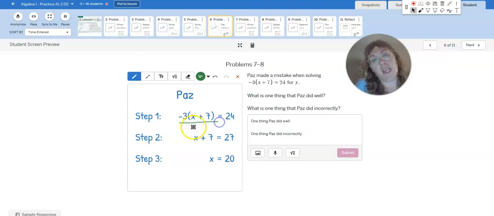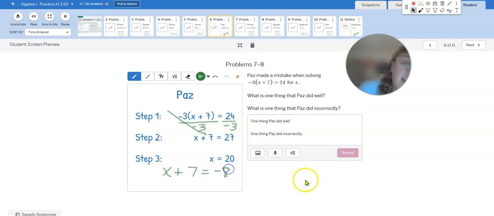But since it's multiplication, you want to divide both sides by negative 3. That would cancel out. We would be left with x plus 7. 24 divided by negative 3 is negative 8. So it would be x plus 7 equals negative 8. So Paz knew to move the negative 3, but used the wrong operation in moving that negative 3.